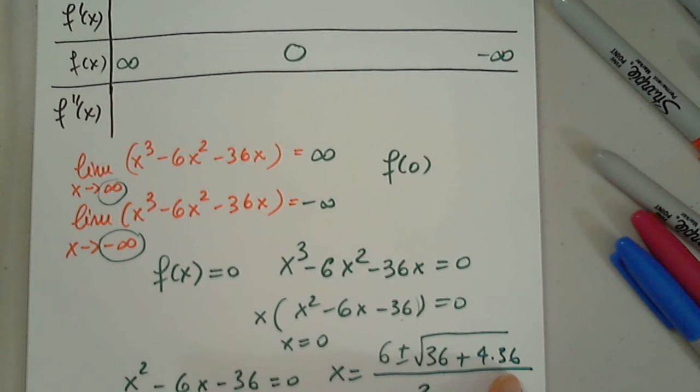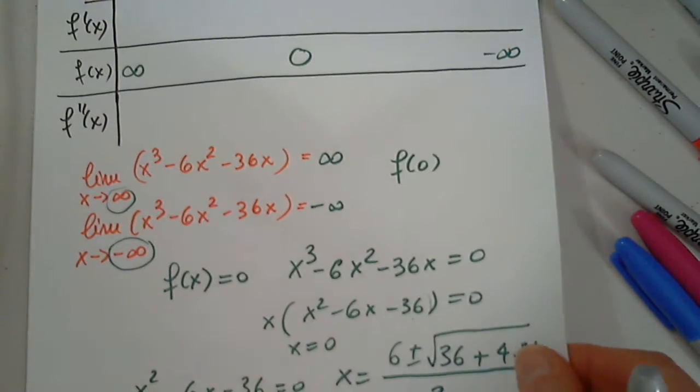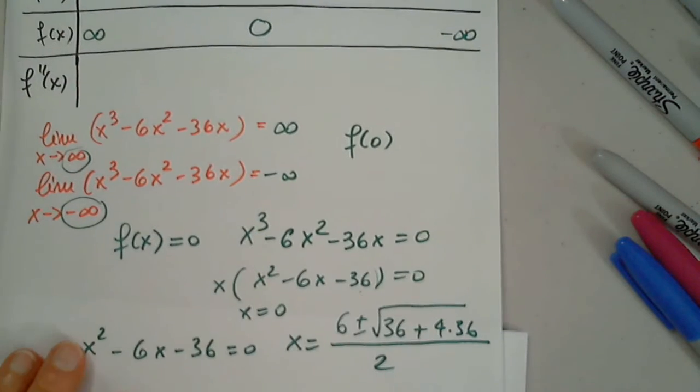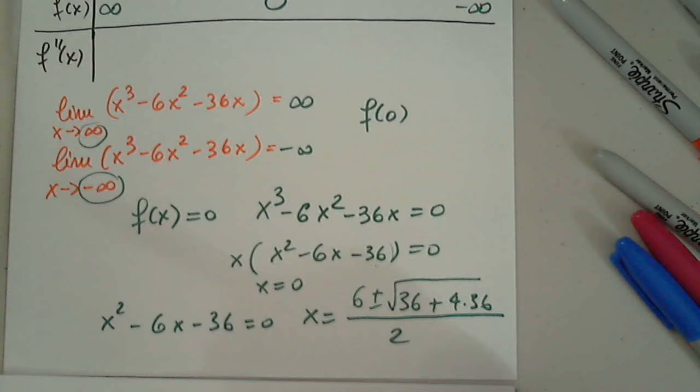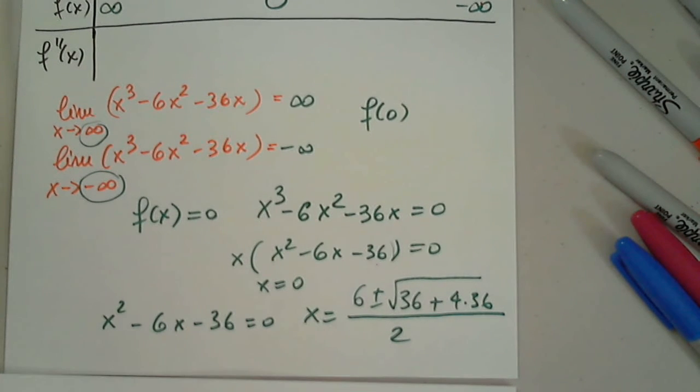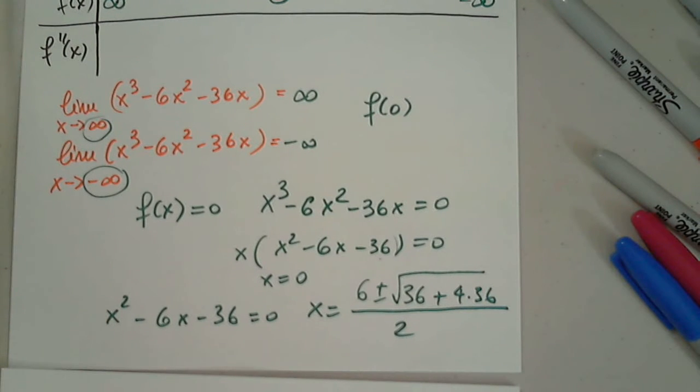So when I factor out the 36, I will get 6 plus or minus 6 and the square root of 5. You don't need to do that. I just wanted to see what it looks like, but you just have to approximate the solutions with the graphing calculator. And I'll share my screen because I have the graphing calculator pulled up right here.